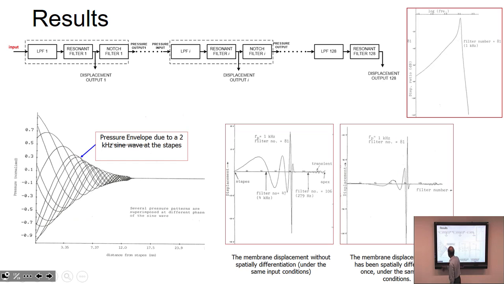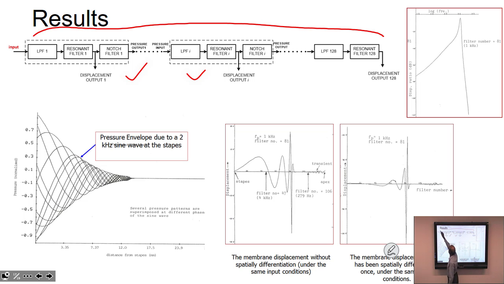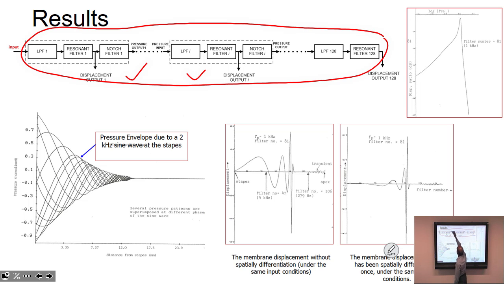So here are some of the examples they'll show you. Here's the filter, and they will show you some of the results. They have implemented these digital filters, 120 of them cascaded, and they give a signal of 2 kilohertz. I want them to tell me what the pressure looks like at 2 kilohertz.